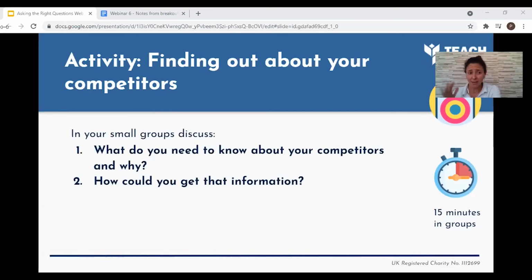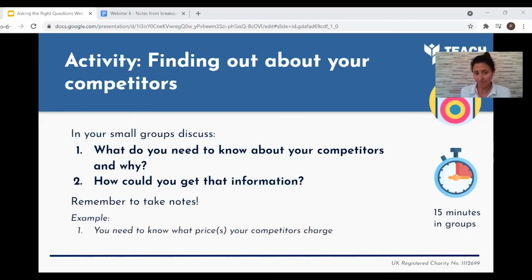To make it easier, we are going to give you an example to get you started. So you would need to know how much your competitors charge for the product or service so that you can decide how to price your product or service competitively.